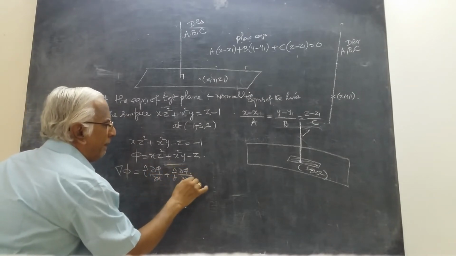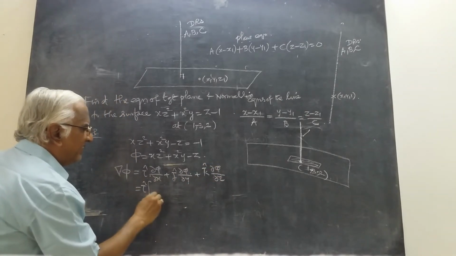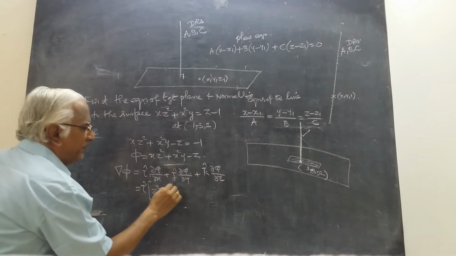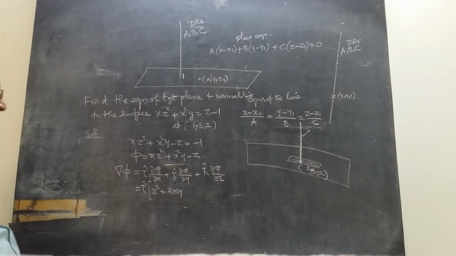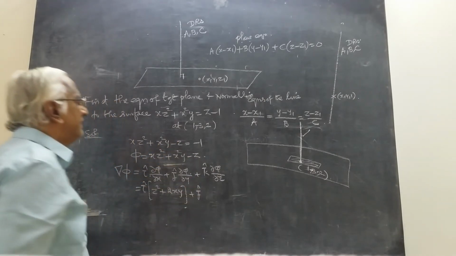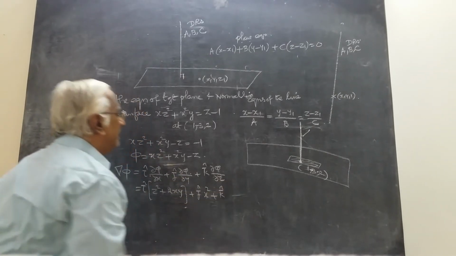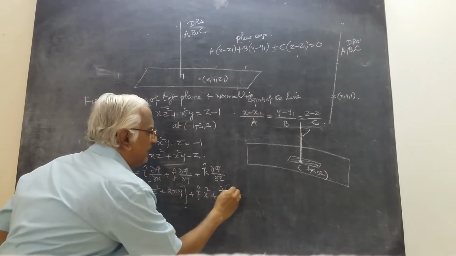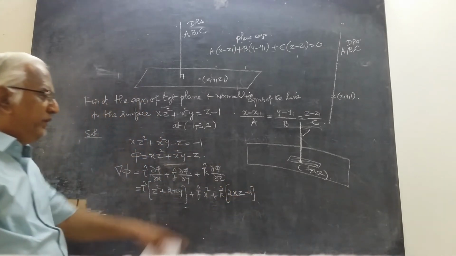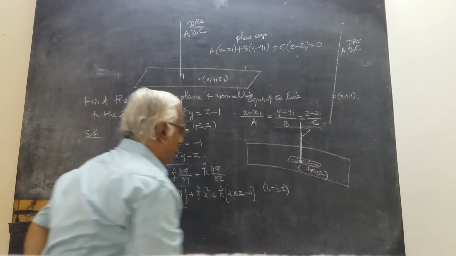With respect to y it is x square. With respect to z it is 2xz, and minus 1.